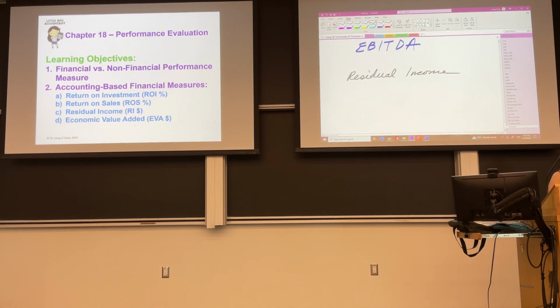So residual income is we take the regular one, net operating profit before tax, so you take the operating income before tax minus the cost of capital, called required rate of return, times investment.